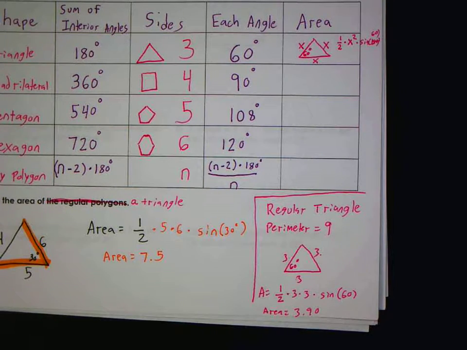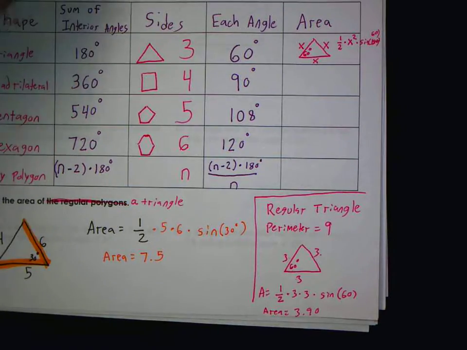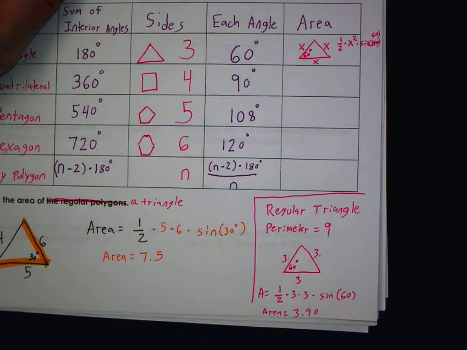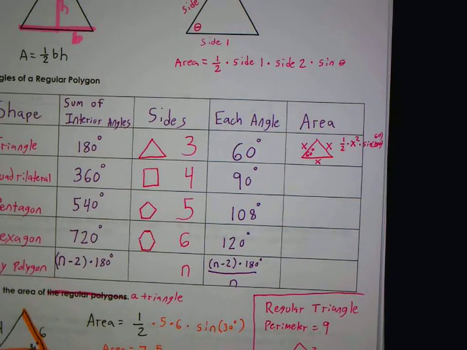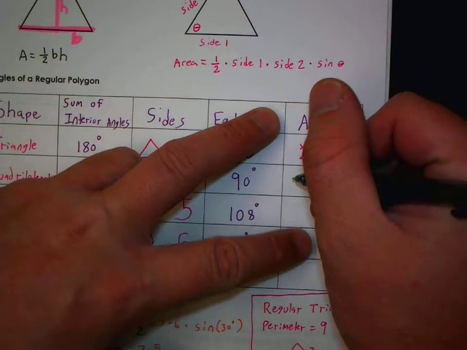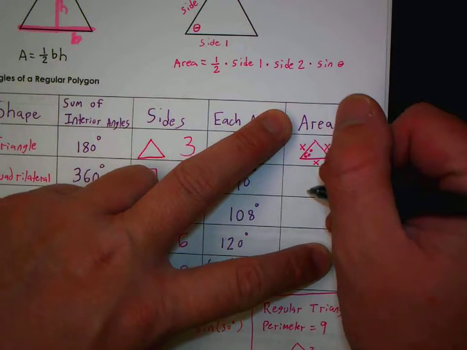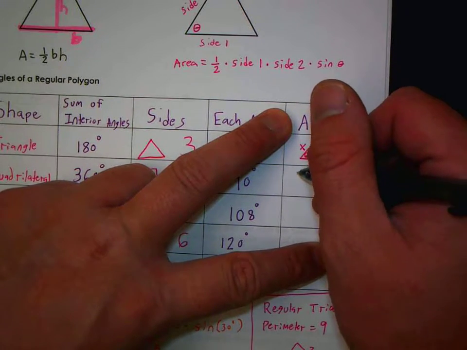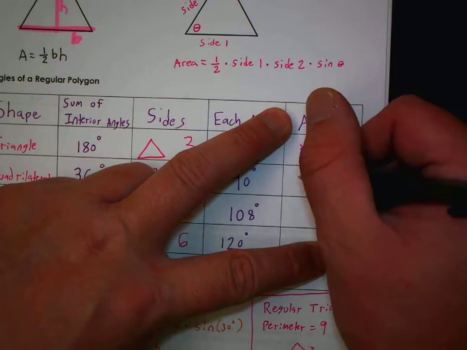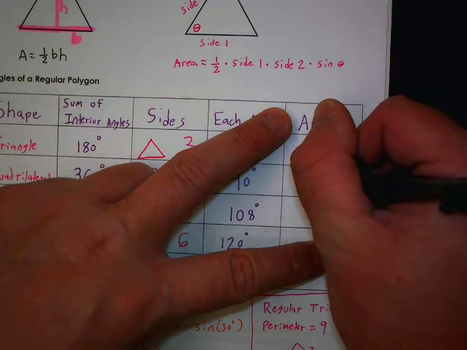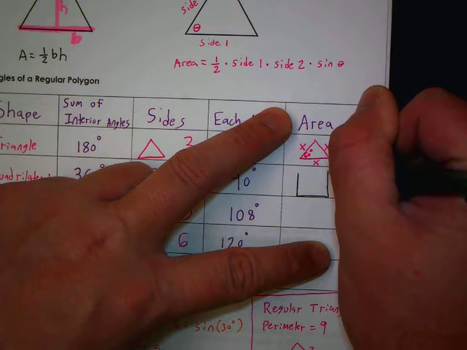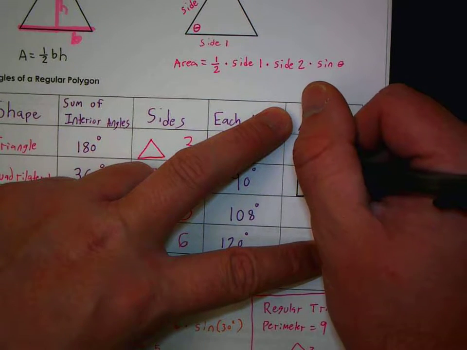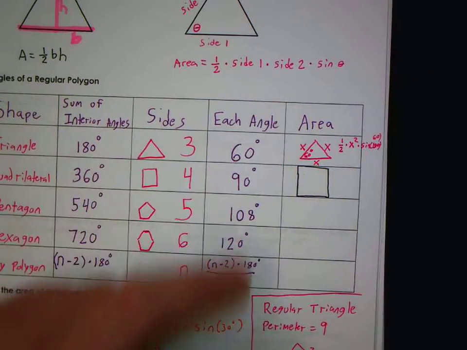All right, next. I wish these boxes were a little bigger. Let's say we have a quadrilateral where it's regular, that means basically a square. Assume that's a square.